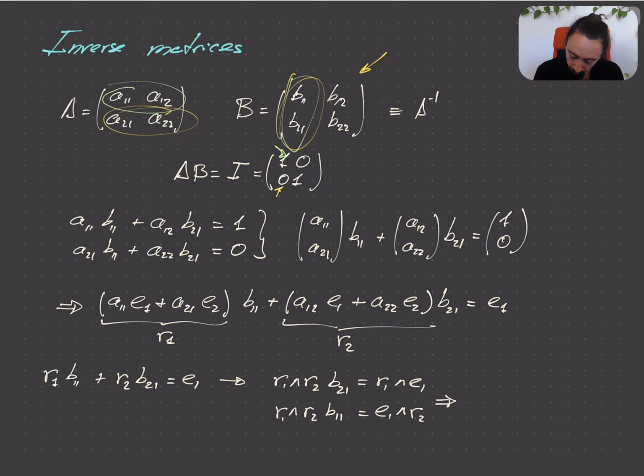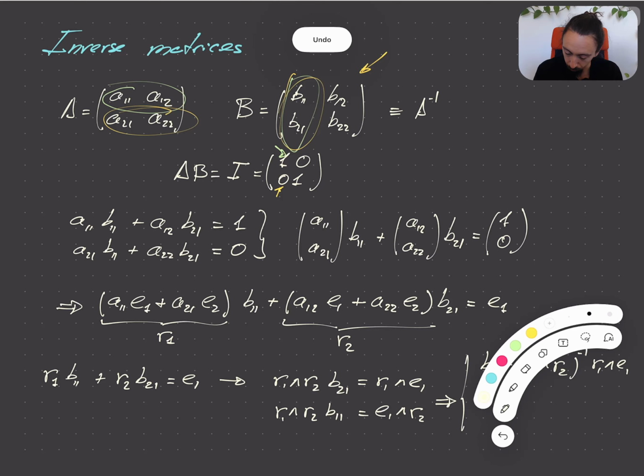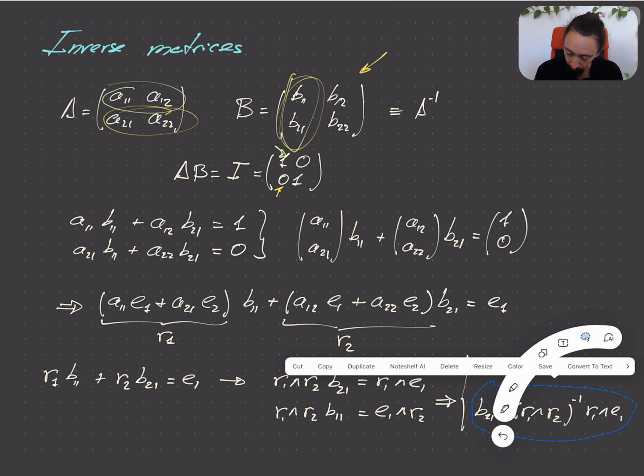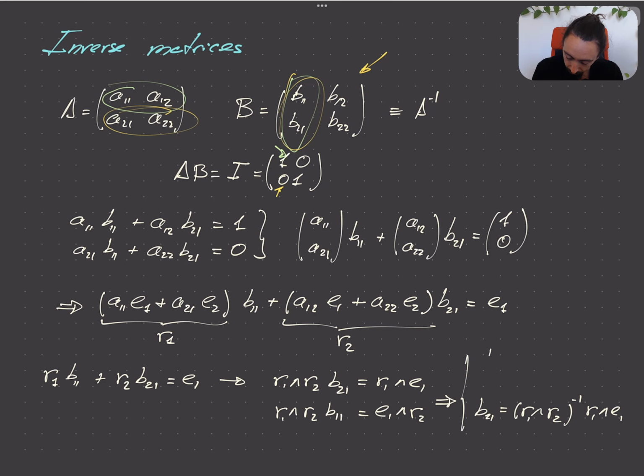Therefore we can immediately obtain that B21 equals (R1 wedge R2) minus 1 times R1 wedge E1. I wanted to put this one second for organizational purposes; you will see why in a bit. And B11 equals (R1 wedge R2) minus 1 times E1 wedge R2.